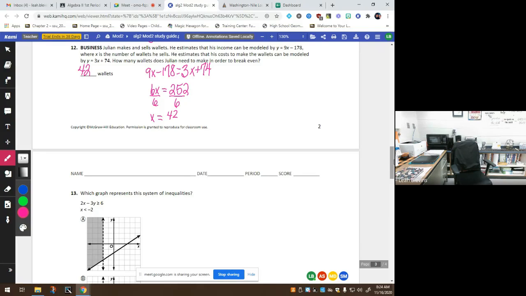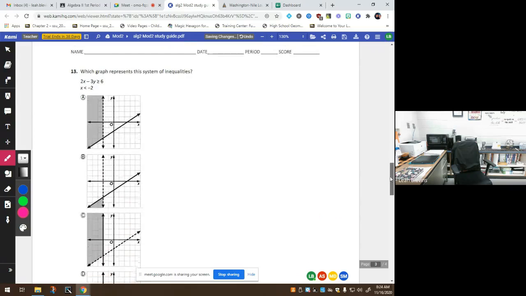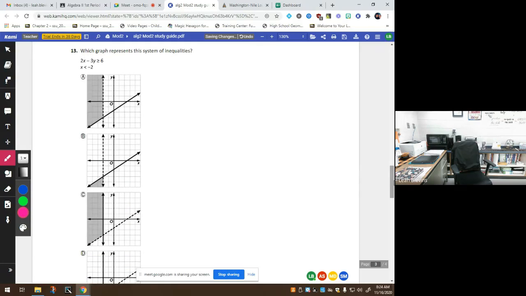All right, number 13. Which graph represents this system of inequalities? If you look down through those answer choices, there's 2 that we can rule out right off the bat. The last two. Why is that? You're right, but just explain to me why.